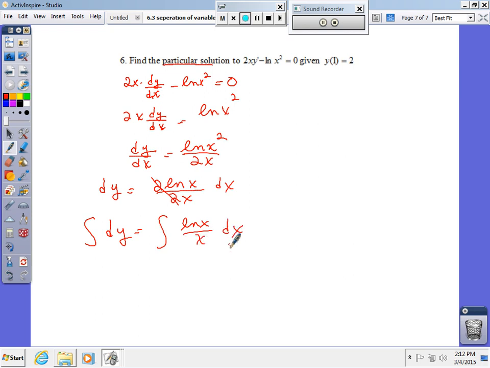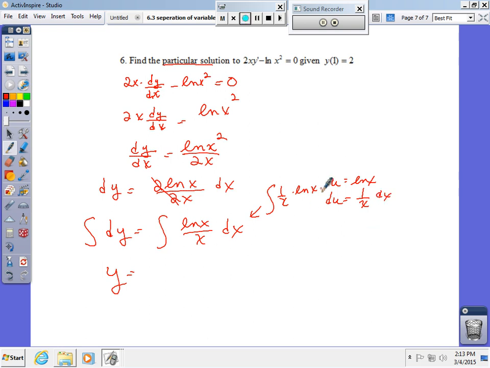All right, so when I integrate this, I'm going to get a y. Now I have to use substitution for this. Now, this integral really here is 1 over x times the ln of x. So I'm going to make u equal to the ln of x. Therefore, du is 1 over x dx, and that kind of all matches up.